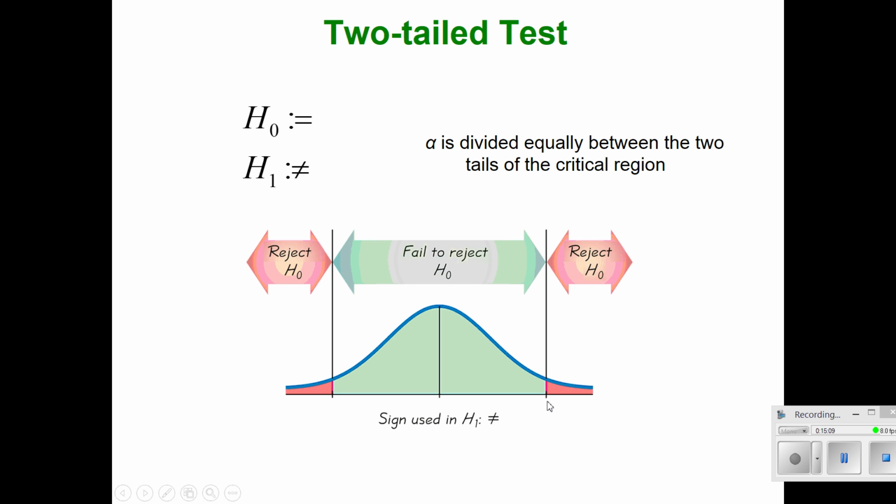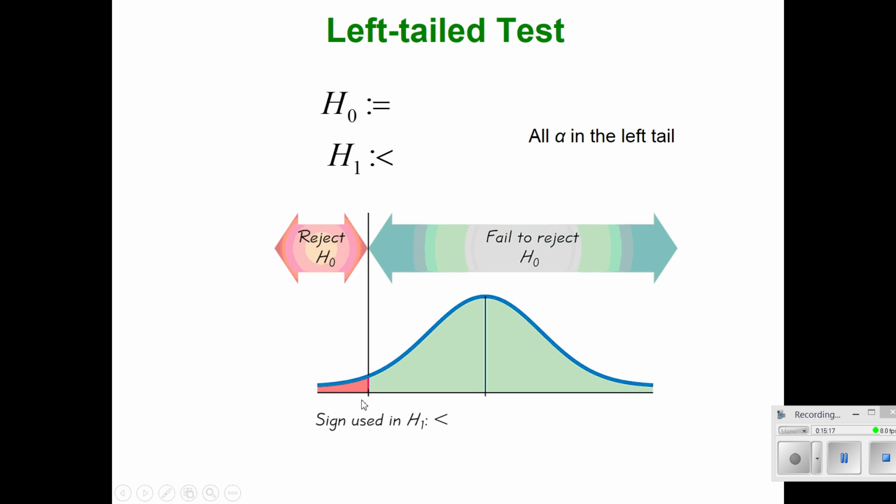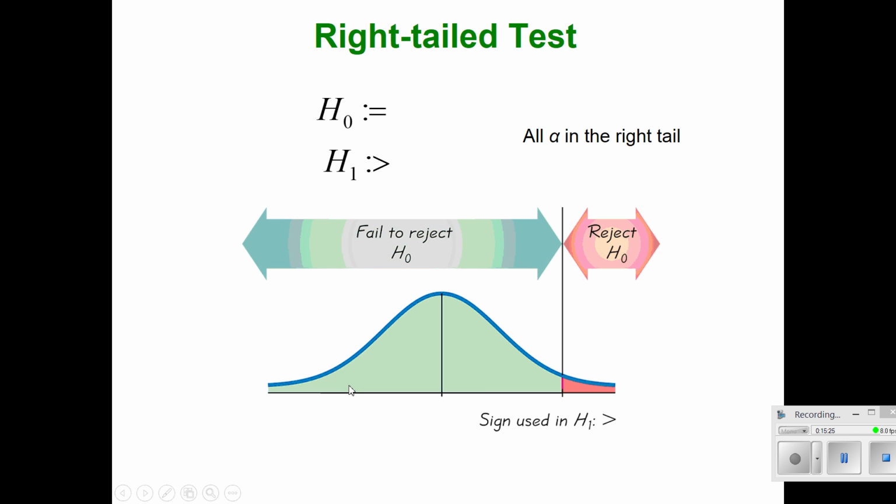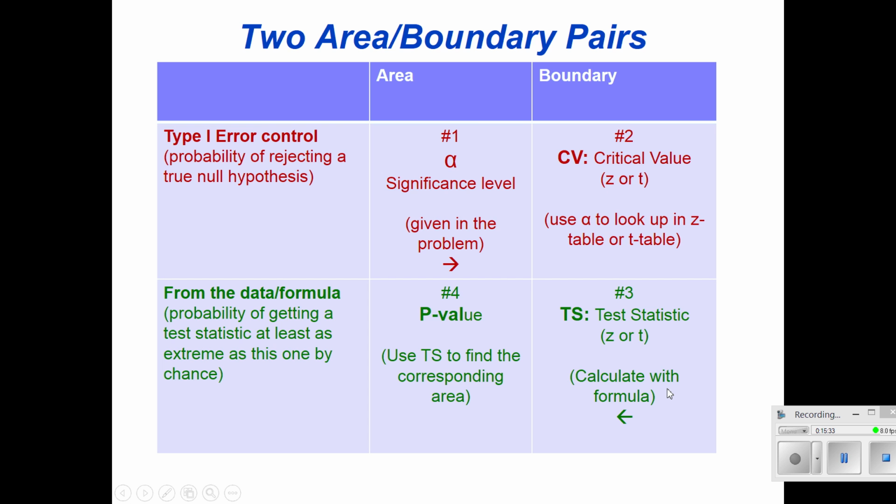So our test statistic might be on the right with the critical value on the right, or on the left with the critical value on the left. If you have a left-tailed test, your test statistic is definitely going to end up on the left, or rather it should if we've done everything right, unless it's a weird example. And if you have a right-tailed test, your critical value will be on the right, and your test statistic will end up being on the right as well.